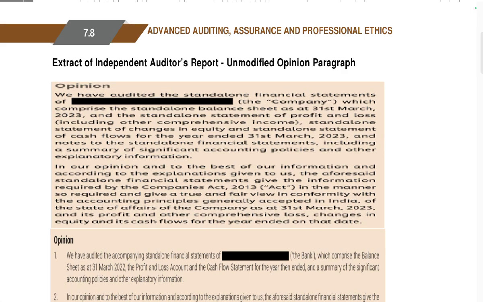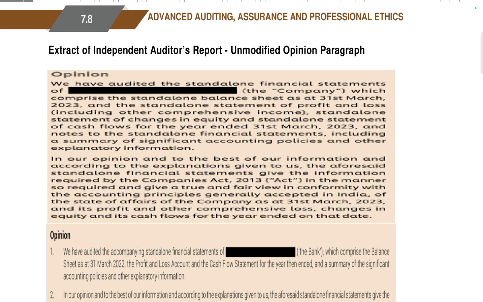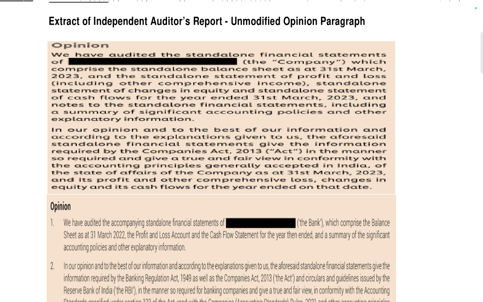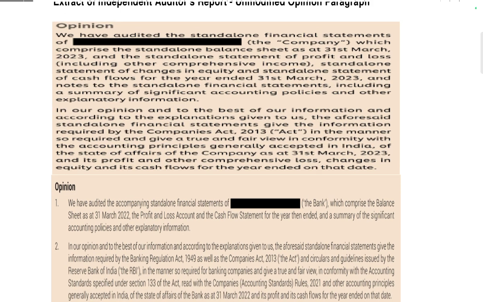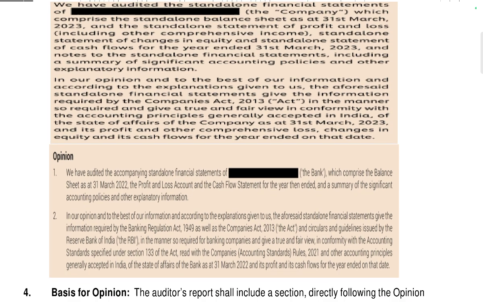Explanation: an extract of the independent auditor's report with an unmodified opinion. We have audited the standalone financial statements of the company, which comprise the standalone balance sheet as at 31st March, the standalone statement of profit and loss including other comprehensive income, the standalone statement of changes in equity, and the standalone statement of cash flows for the year then ended, and notes to the standalone financial statements including a summary of significant accounting policies and other explanatory information.